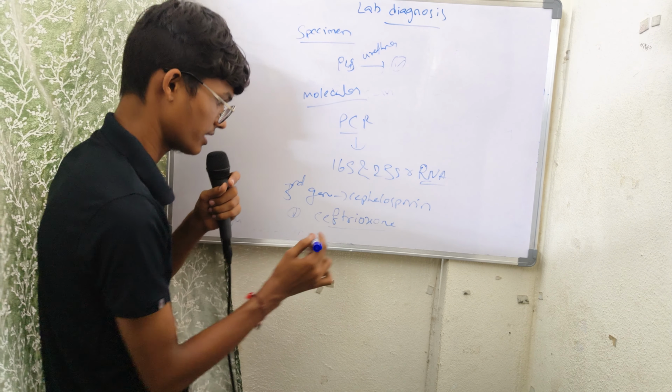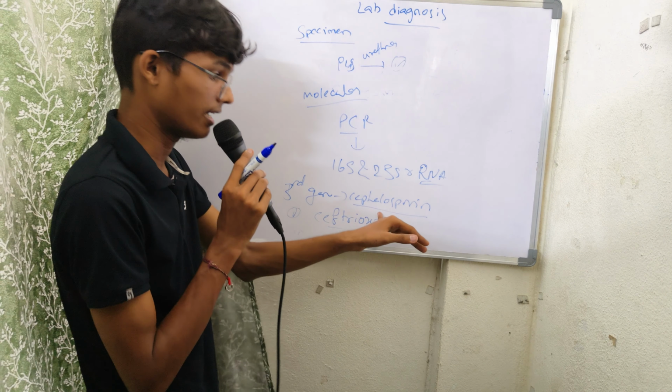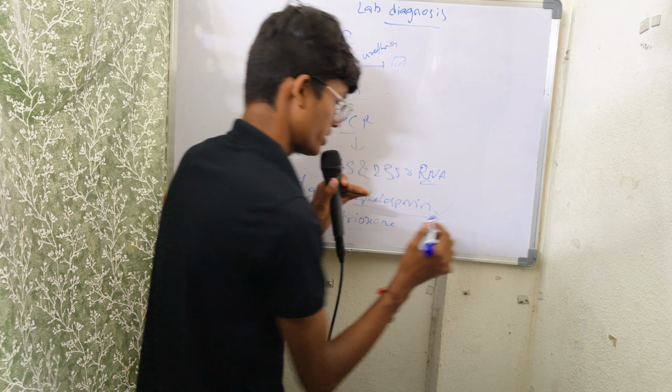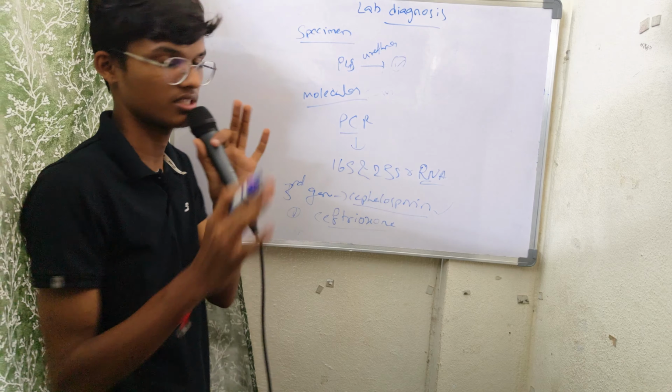In the pharmacology session, I told a very simple classification of cephalosporins, and I told many mnemonics to remember the first generation, second generation, third generation, and fifth generation cephalosporins.